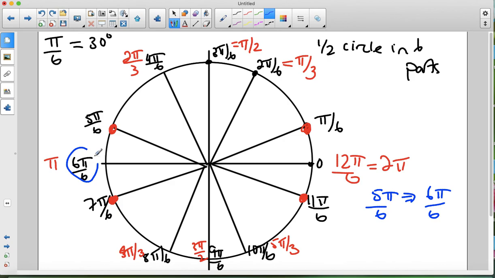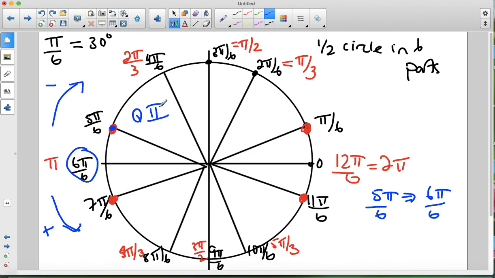So if this is 6 pi over 6 and I want to go to 5 pi over 6, which direction do I add and which direction do I subtract? So if you remember from the first video, in this direction I subtract, in this direction I add. So if I want to go to 5, it's 6 minus 1, and it would be 5 pi over 6, which brings me in quadrant 2.